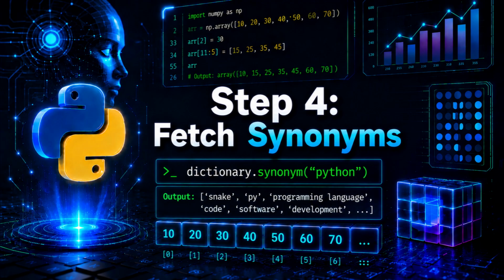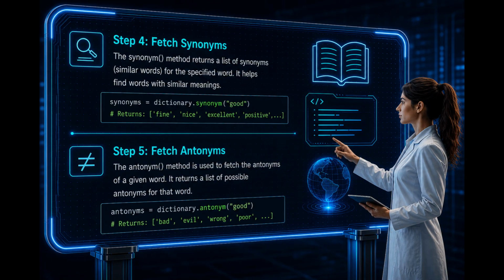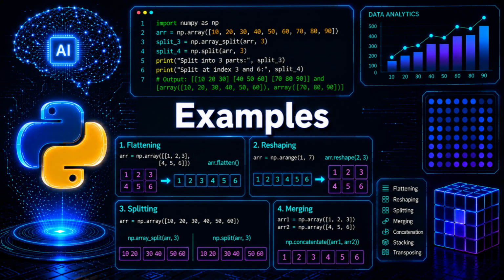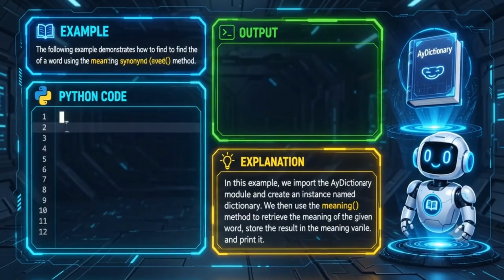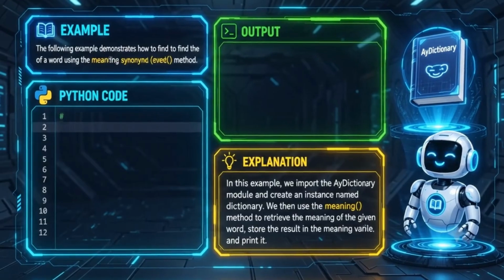Step 4. Fetch synonyms. The synonym method returns a list of synonyms, similar words, for the specified word. It helps find words with similar meanings. Example. The following example demonstrates how to find the synonyms of a word using the synonym method.